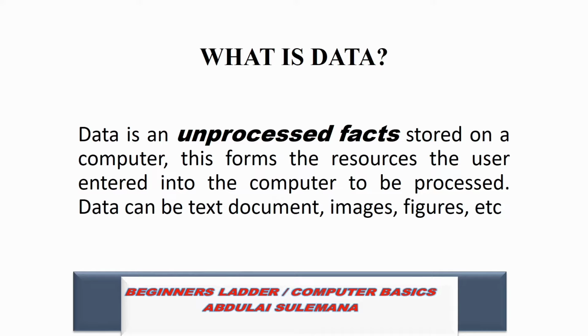For example, if I go into a community and I begin writing the names of women in the community, the names of their husbands, their ages, the food they like, all the records I'm making form what we call data.